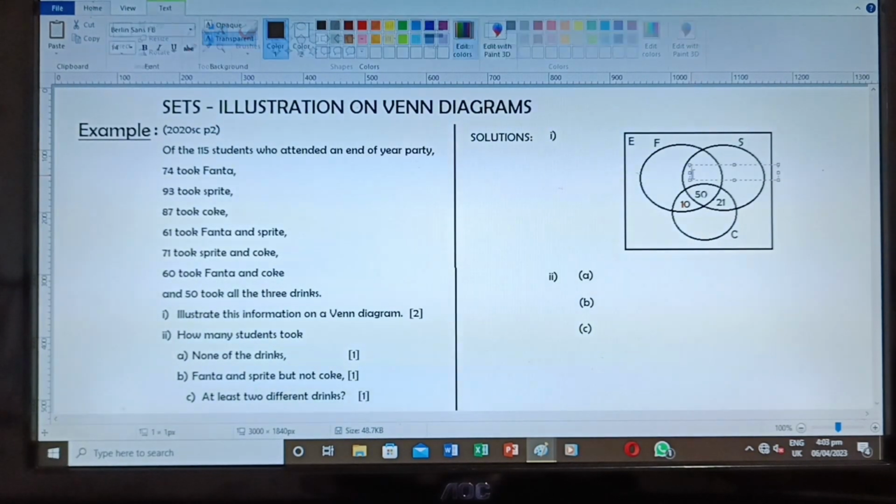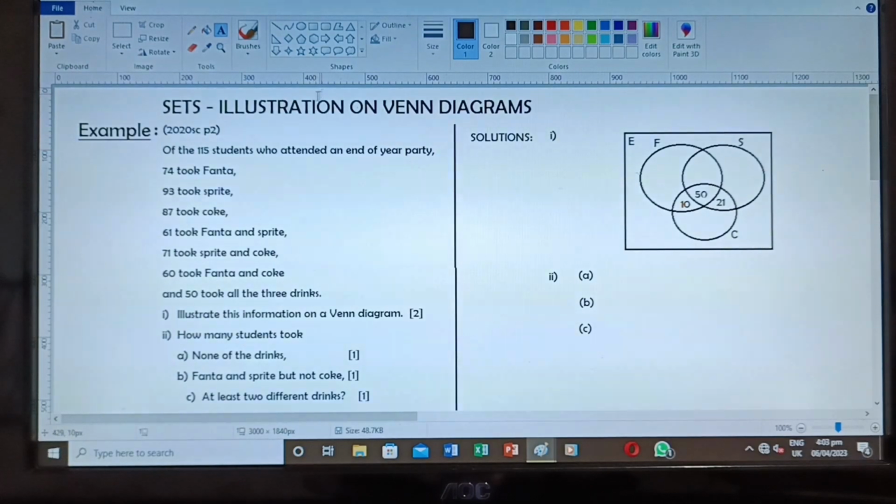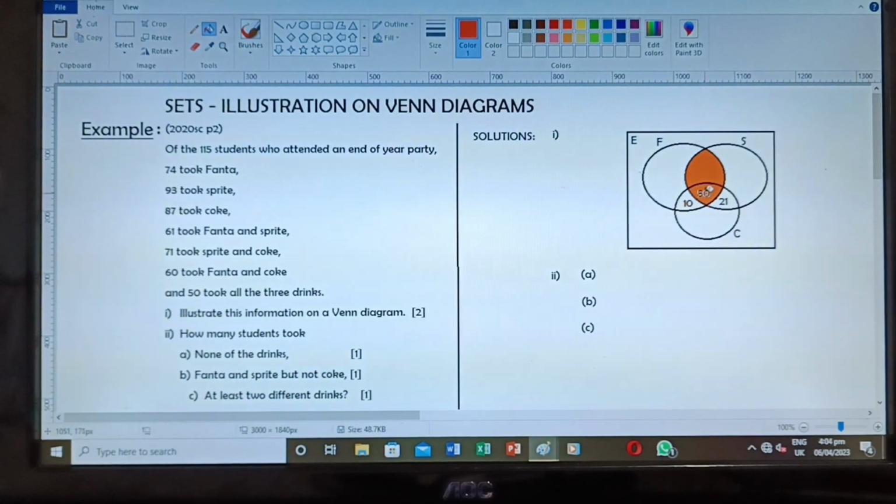So we do the same for Fanta and Sprite. The region representing Fanta and Sprite is these two here. And of course we know a 50 has been used already, and we are told Fanta and Sprite is 61.